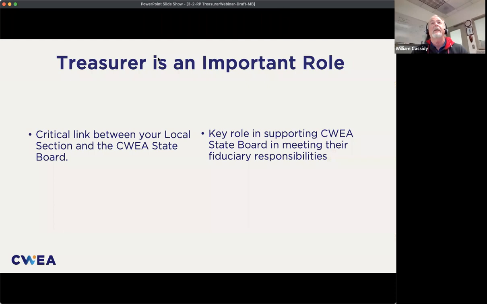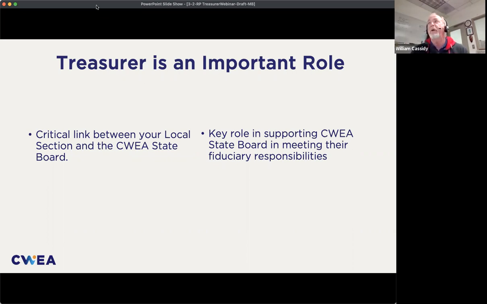Next. The treasurer is an important role, both at the state level and the local level. It's very critical. Your charter or your constitution for your local section should outline some of your duties. Your local section may also have taken it upon itself to expand on that and write it as part of explaining each board member's functions and responsibilities on the local level.